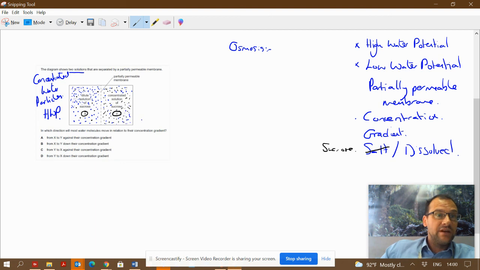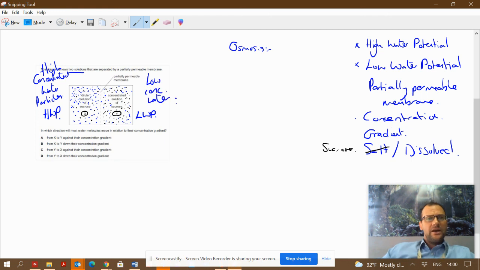Okay, so we say that this has a lower water potential. There is a lower potential of the water particles to move across this membrane in the middle. Okay, so from a high concentration of water particles to a low concentration of water particles.